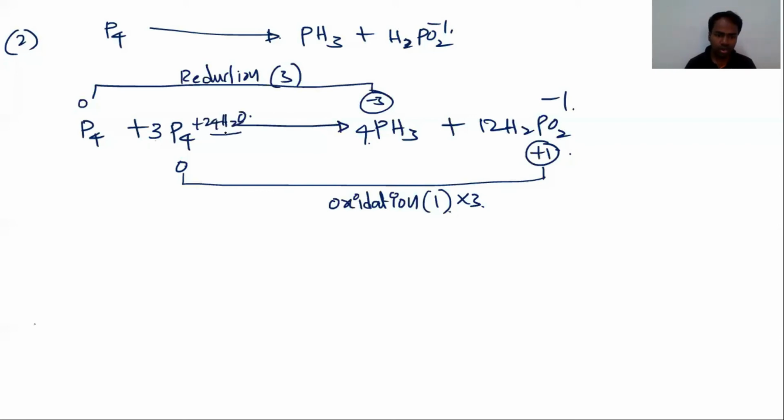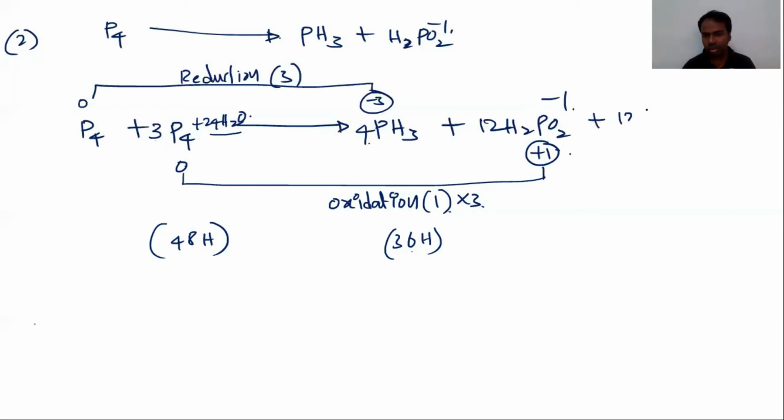Now how many hydrogens are there? This side has 48 hydrogens. On the reactant side, 12 plus 24 is 36 hydrogens, so 12 hydrogens are less on this side.